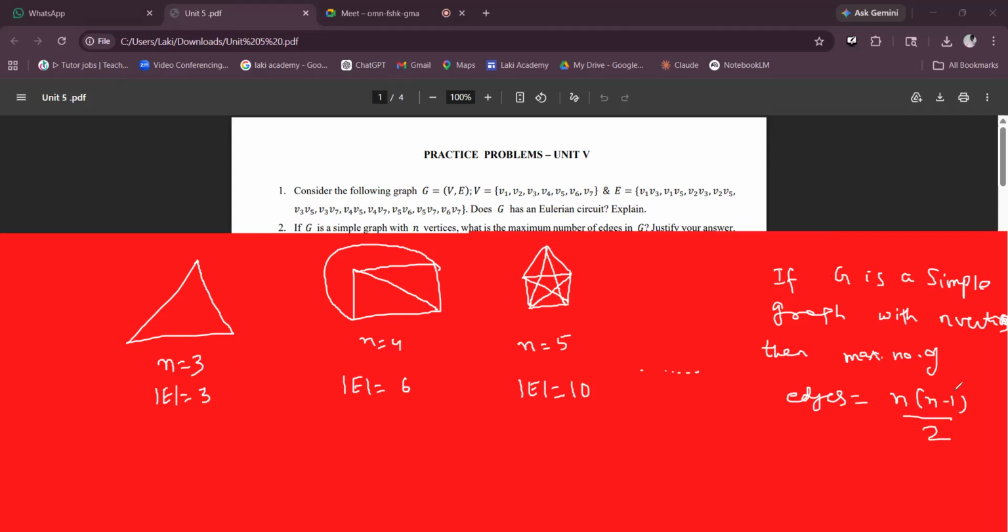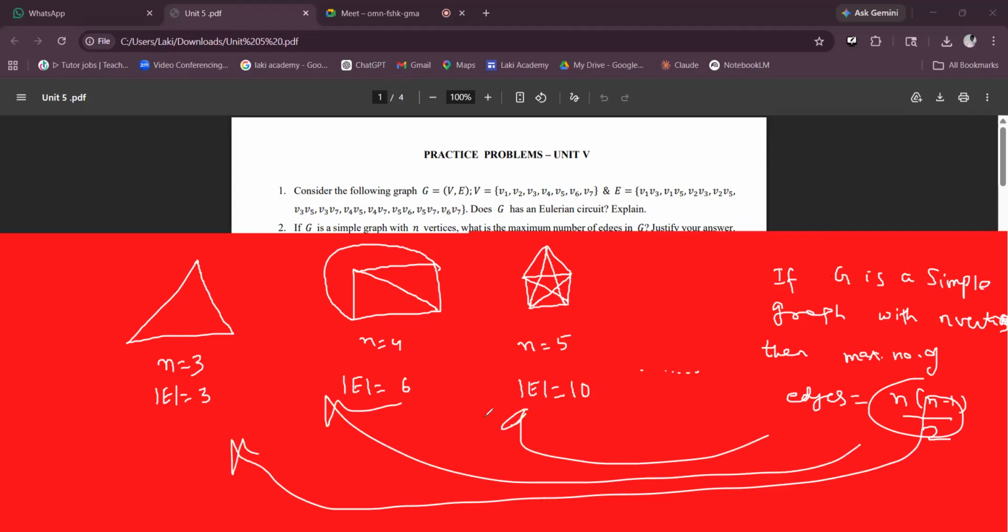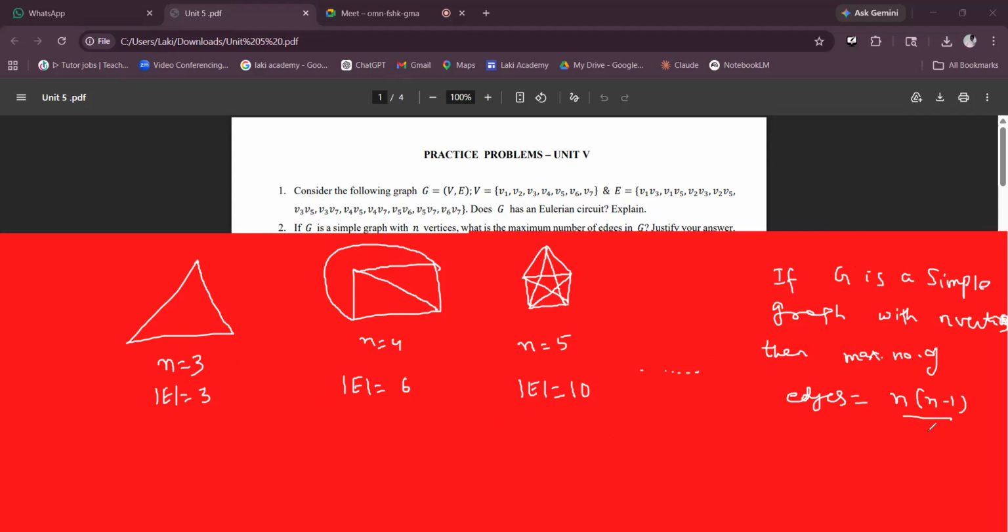You can check: put here 3, you will get 3. Put here 4, put here 5, right? And how will you justify? By giving an example. So first write this theorem and give an example.